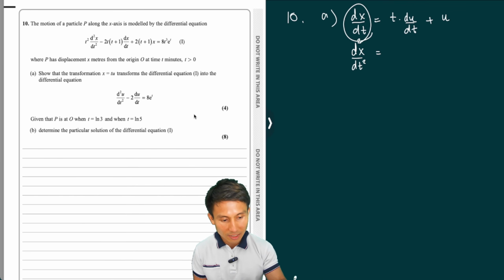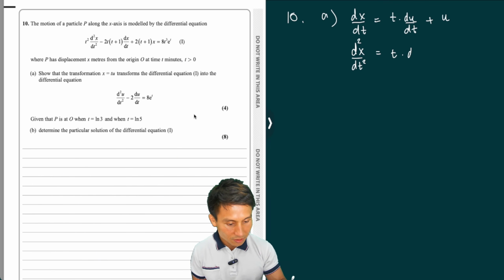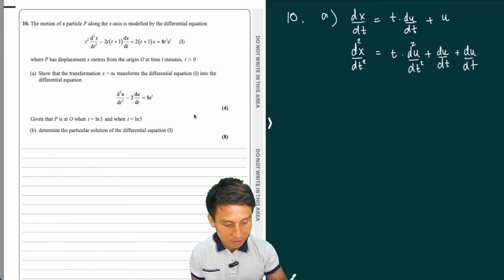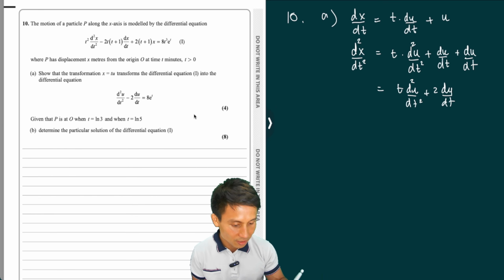Product rule for that: t d squared u by dt squared, plus the product rule first, dt by dt is 1 and then du by dt, and then this one we differentiate with respect to t, so we get du by dt as well. So that simplifies to t d squared u by dt squared plus 2 du by dt.